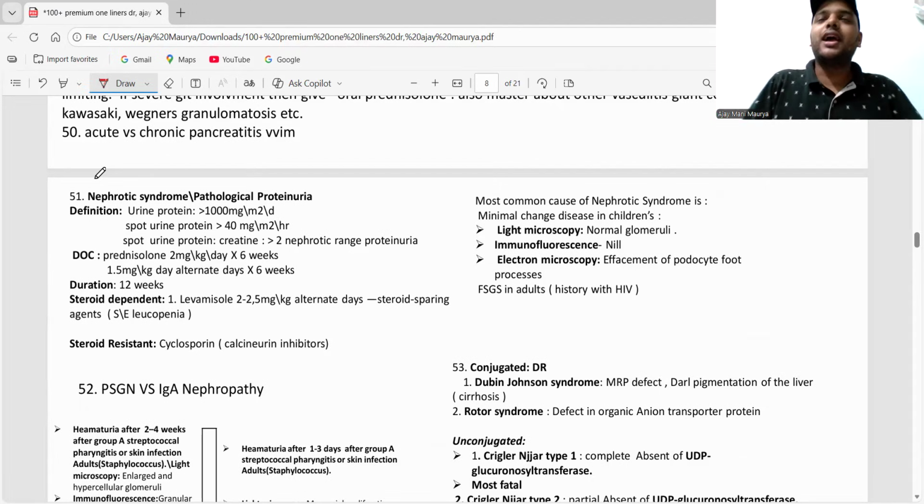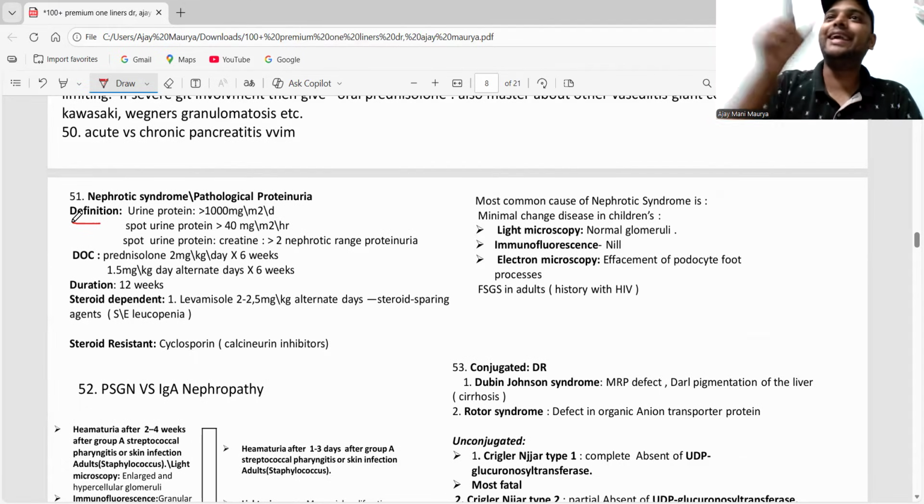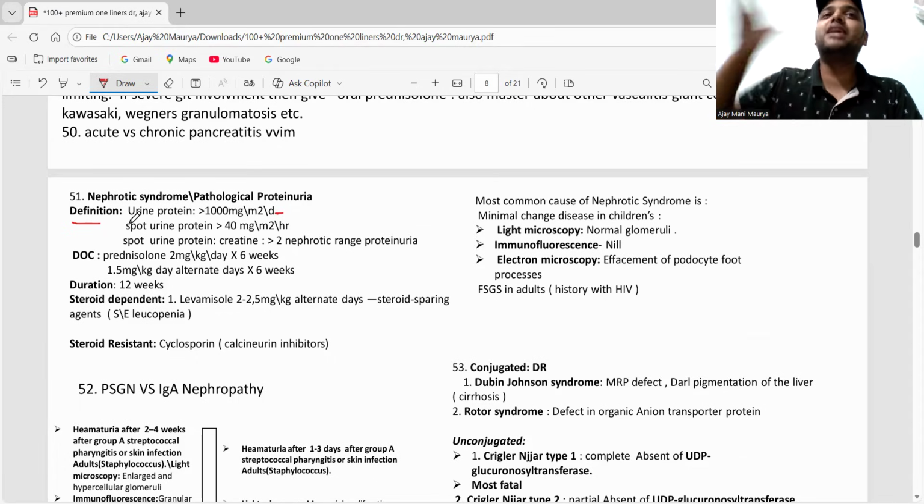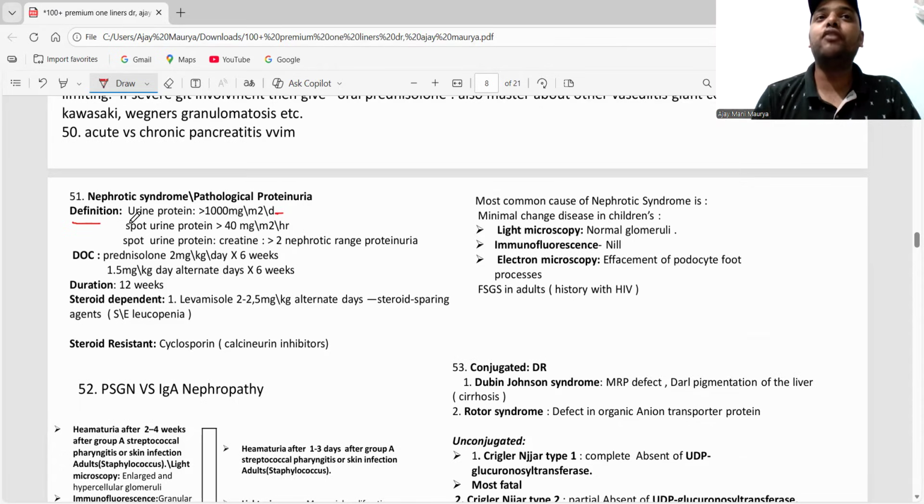Nephrotic syndrome is also called pathological proteinuria. What is the definition? You have to remember this, it is very important. If the urine protein is more than 1000 milligrams per meter square per day, or the spot urine protein is more than 40 milligrams per meter square per hour, or the spot urine protein to creatinine ratio is more than 2, then this comes under nephrotic range proteinuria.